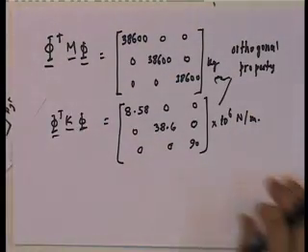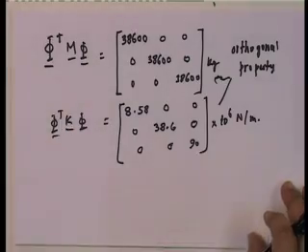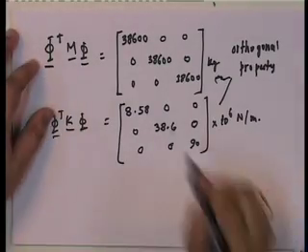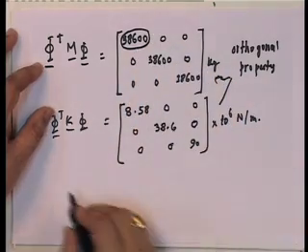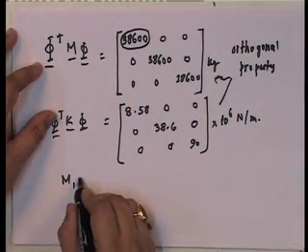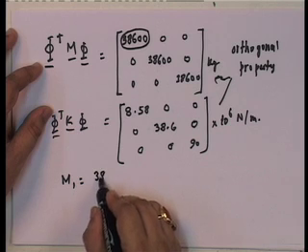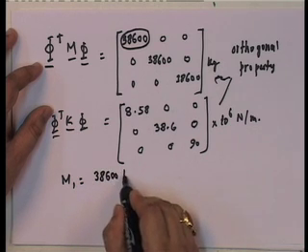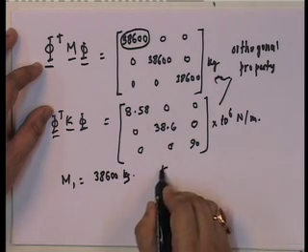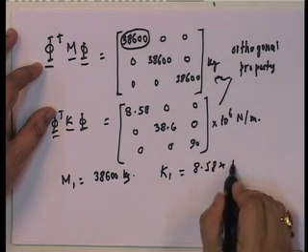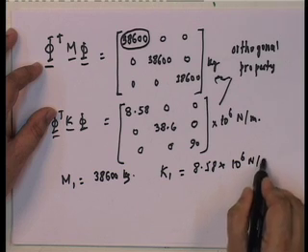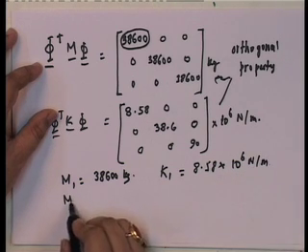Mode shapes are orthogonal, we have already found that out. So, your M1 becomes, what is K1? 8.58 into 10 to the power of 6 Newton per meter.